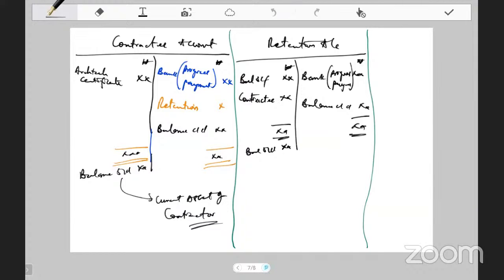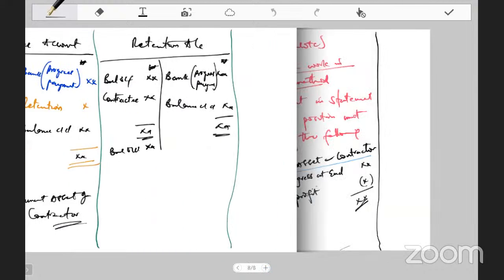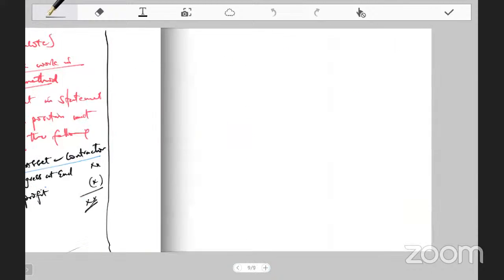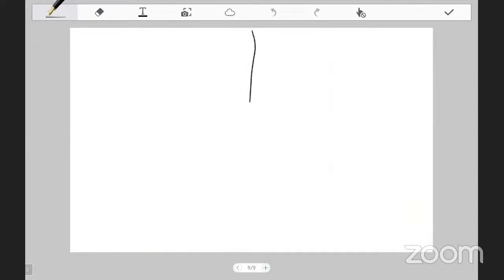After the contractee account, we look at the work in progress method. Then that is it. So let's solve question 1. We have question 1 in our pack. What page is question 1 in our pack? Page 159.